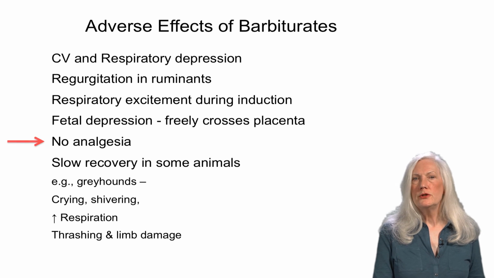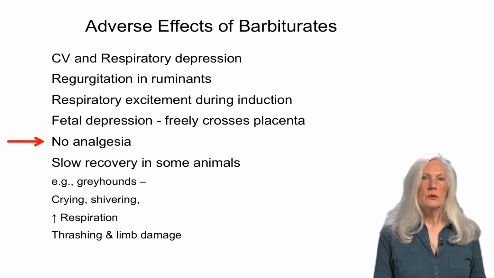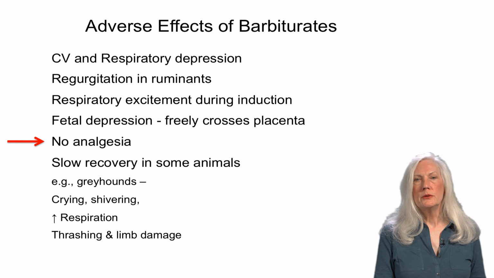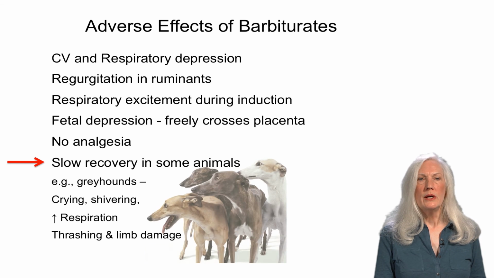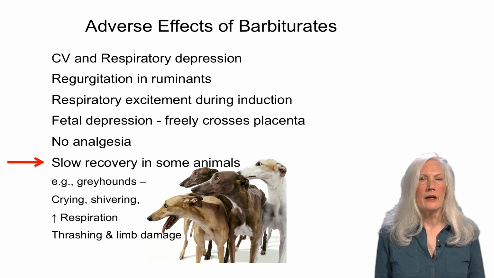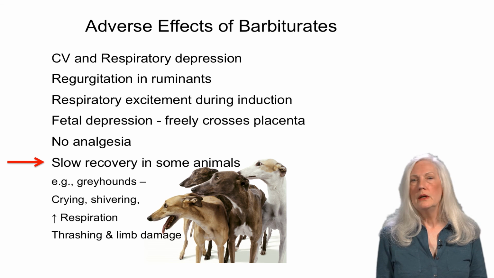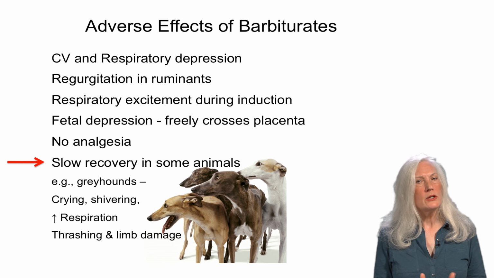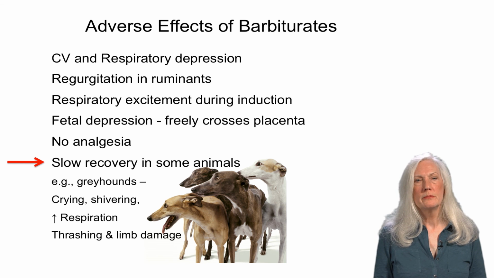There's no analgesic effect of barbiturates, so additional analgesic drugs need to be administered to prevent sensitization of pain-sensing fibers during surgeries. And after surgery using barbiturates, there may be a slow recovery, especially in some breeds like greyhounds. This can manifest itself in things like crying, shivering, increased respiration, thrashing about, or even limb damage.